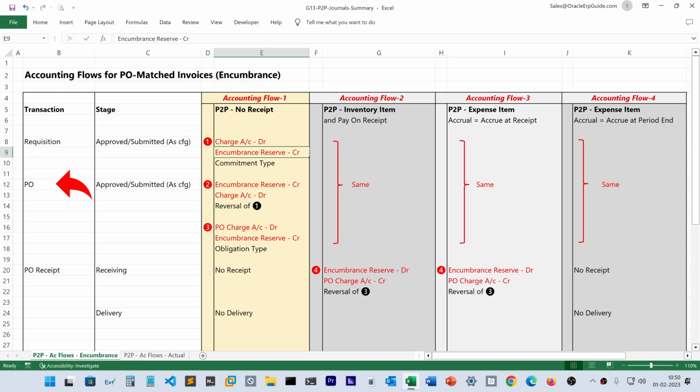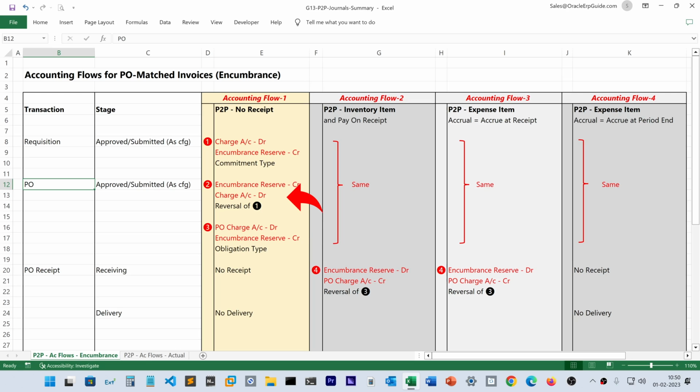Then comes the PO stage. Let us say, as we have configured, it can again be at the time of approval or at the time of submission. Another encumbrance gets generated for the PO, which is PO charge account is debited and encumbrance reserve account is credited. Now this will result in duplication because we are making an entry at the time of requisition also and a PO also.